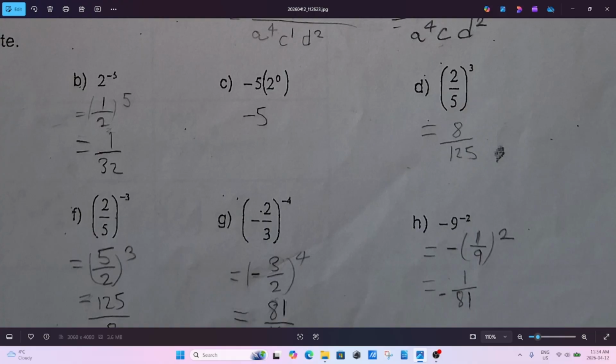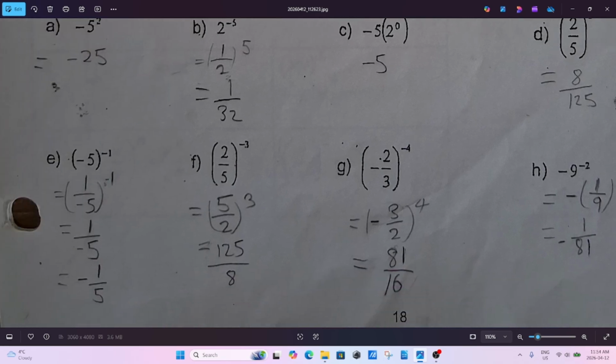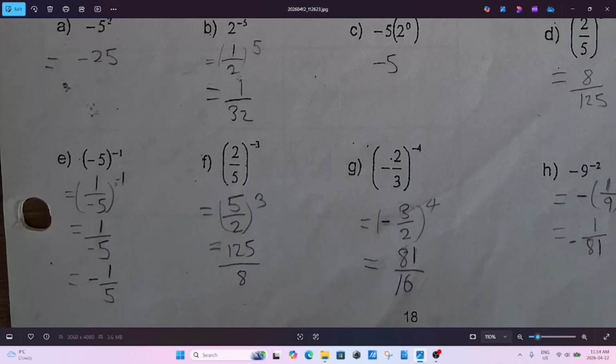Then we have question D. (2 over 5) cubed is equal to 2 cubed, which is 8, over 5 cubed, which is 125. Then we have (-5) to the exponent -1.